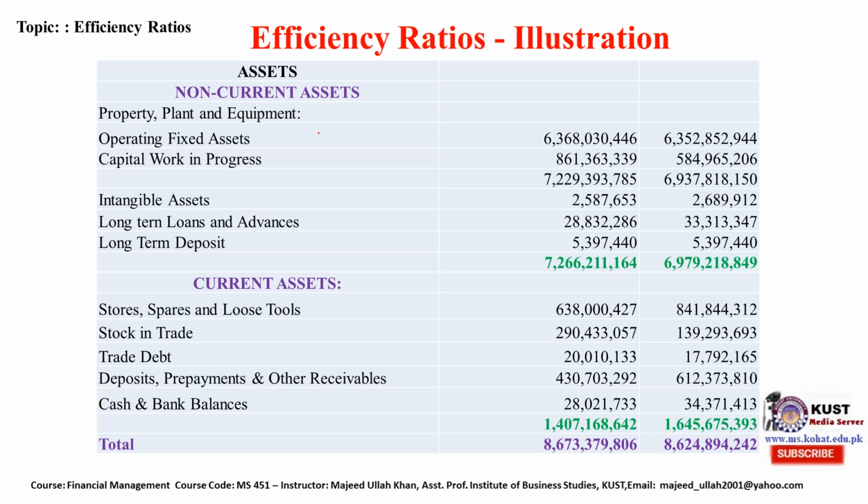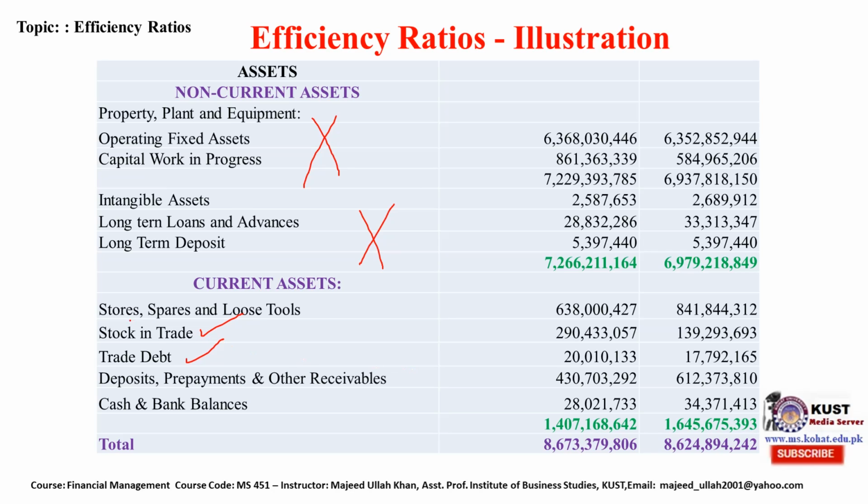From the asset side, we will not use tangible and intangible assets. We will use stock in trade, which is called inventory. Trade debt means account receivables. Cash and bank balances, deposit, prepayment, and other receivables.